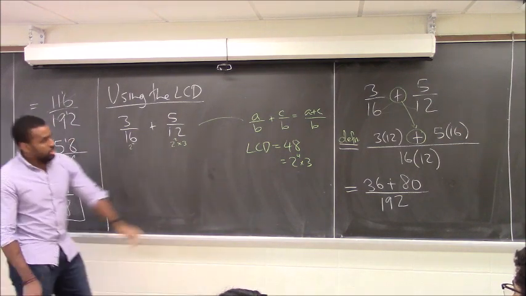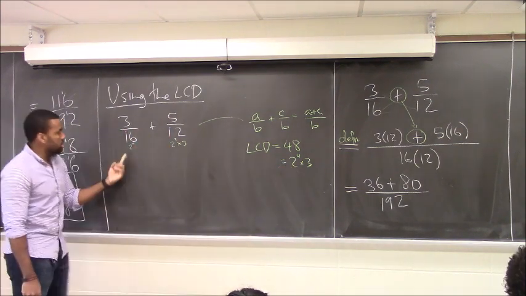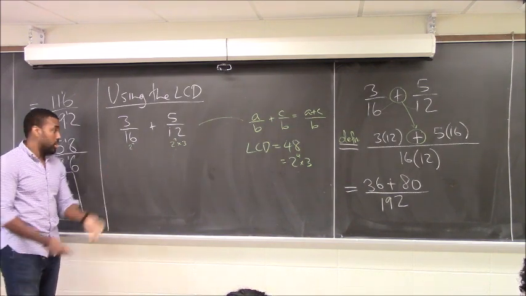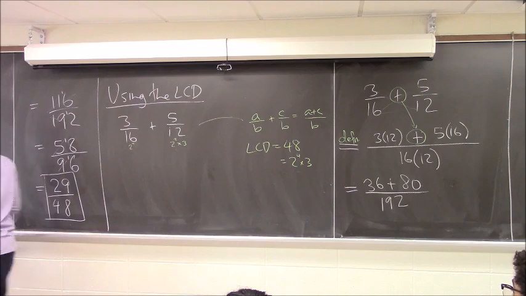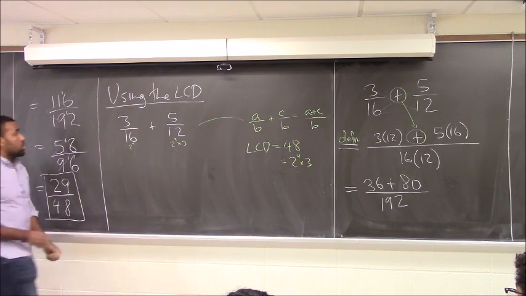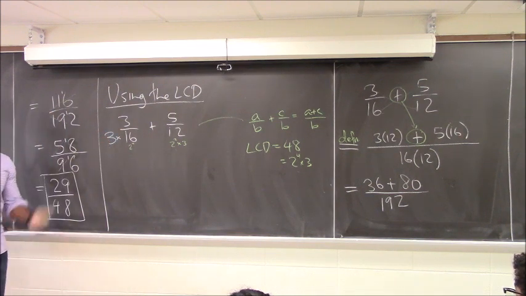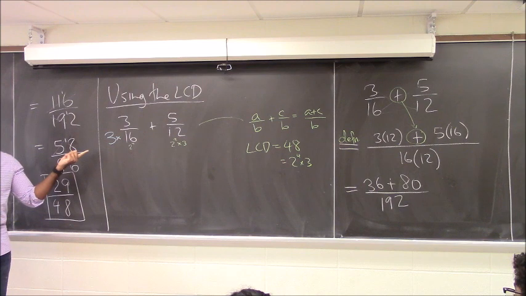So now the LCD is 2 to the 4 times 3, which means this denominator is missing what? It's missing a factor of 3. So what I'm going to do is multiply this by 3. Well, you can't just multiply by 3 in the denominator, right? Because now you're actually dividing something by 3.